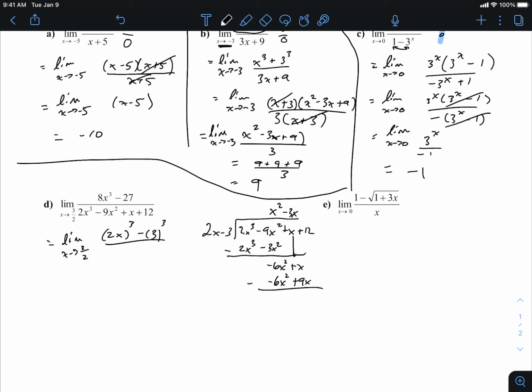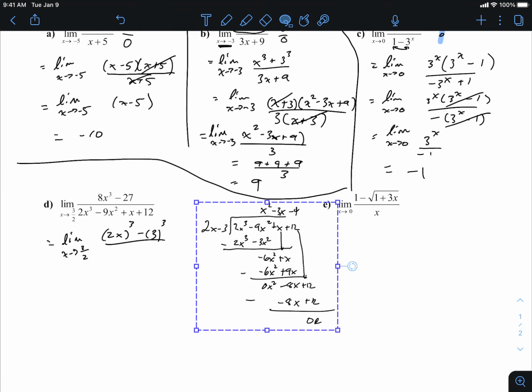Then I now get 0x squared here, and then minus 8x, bring the 12 down, and do this again. I divide into there, and I get minus 4. Then you'll see negative 8x plus 12. So these actually get zero remainder here, which is nice.